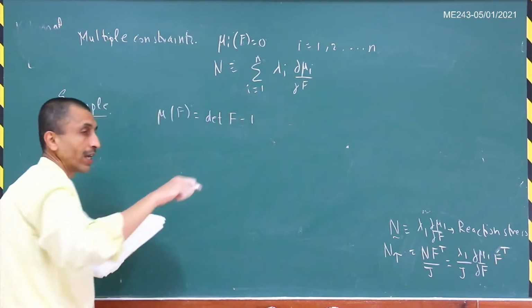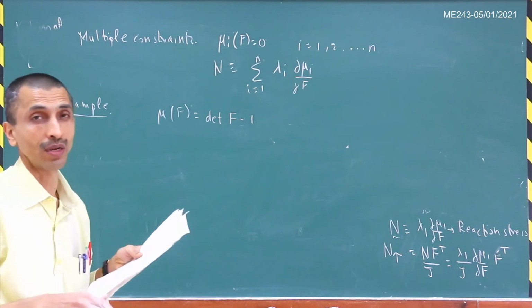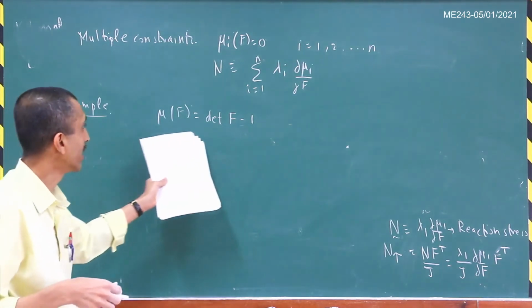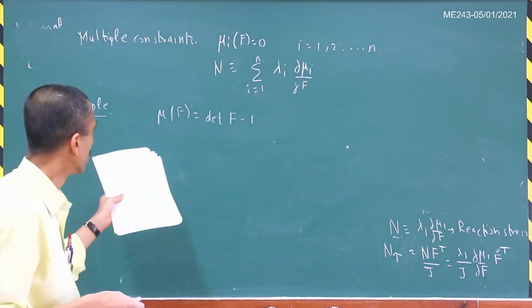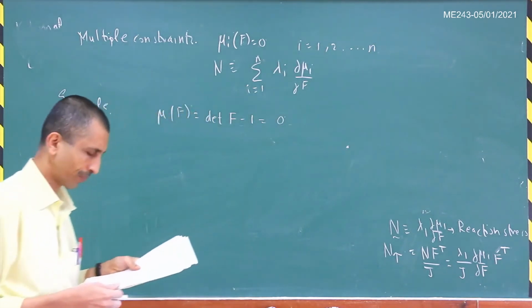So recall that if it is an incompressible material, then it can only undergo isochoric motions, right? And that is a volume preserving deformation. So you will get that determinant F is equal to 1 in that particular case. So this mu of F, which is determinant of F minus 1, is equal to 0.